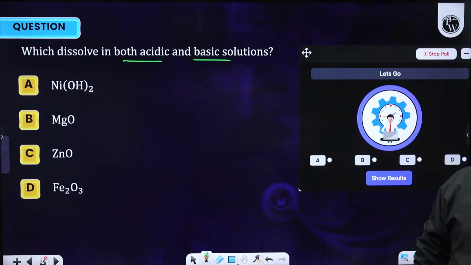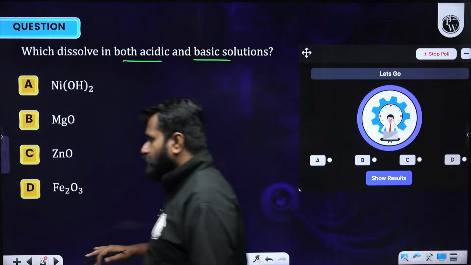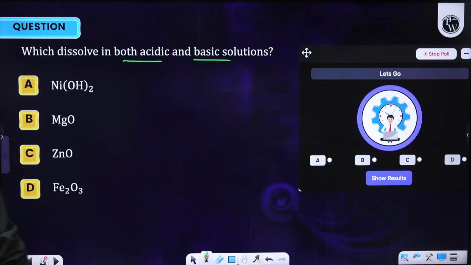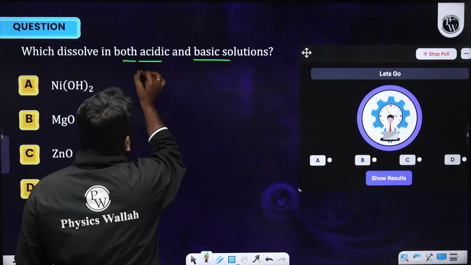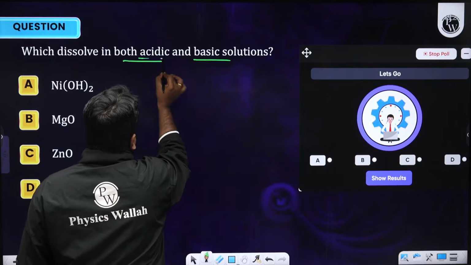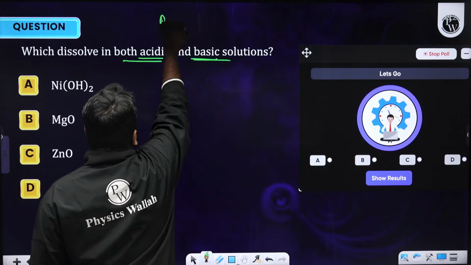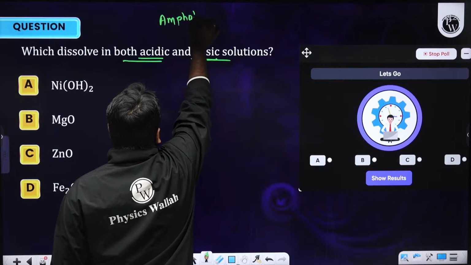Which dissolves in both acidic as well as basic solution? Very simple. I will give one hint. If it needs to react with both acid and base, it should be amphoteric.